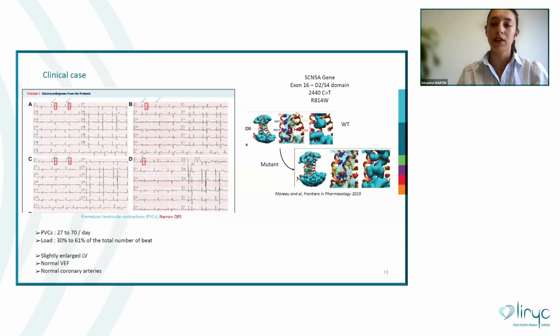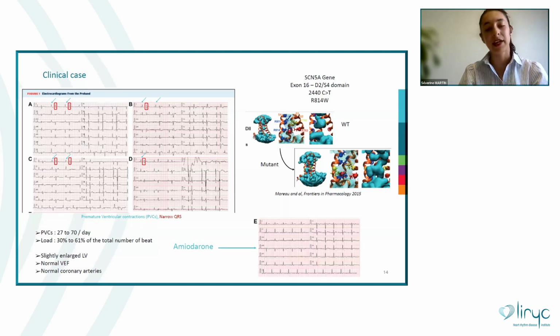And the mutation involves, at position 2440, a switch from C to T, and that contributes to the modification of the amino acid residue. As we can see on this 3D representation, the normal amino acid arginine is switched to tryptophan. And as you can also see, this switch disturbs the structure of the domain.